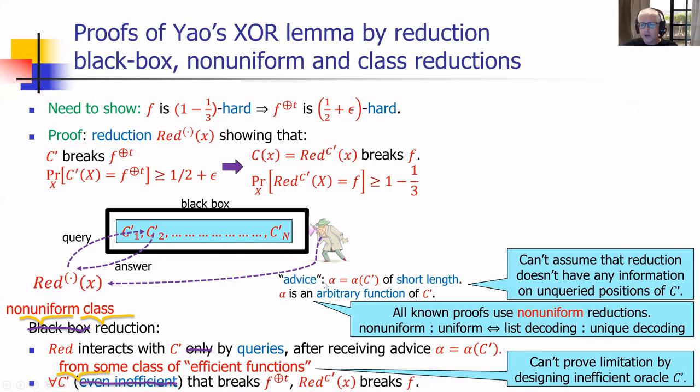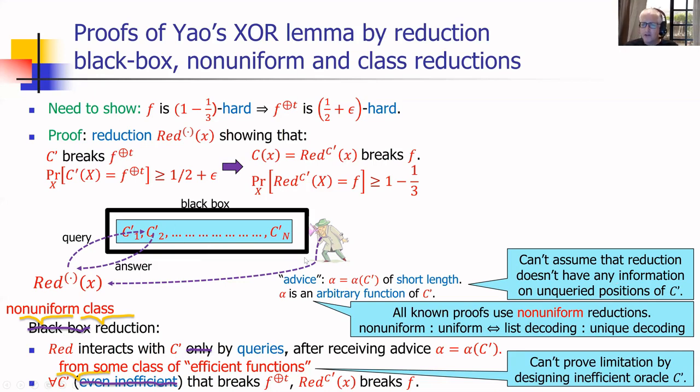Another comment that I want to make is that it is difficult to prove impossibility results for non-uniform reductions, even if they are black box. This is because when a reduction is non-uniform, we can't assume that the reduction didn't receive any information on positions that it didn't query.